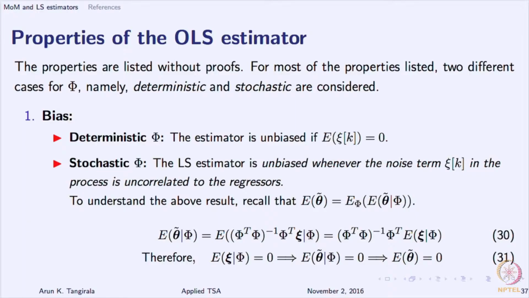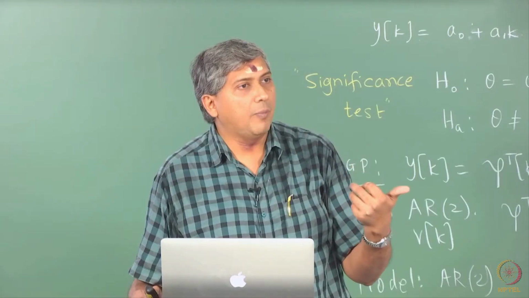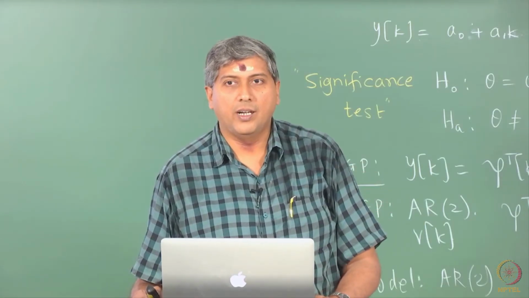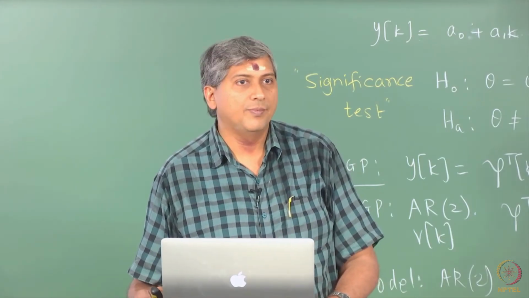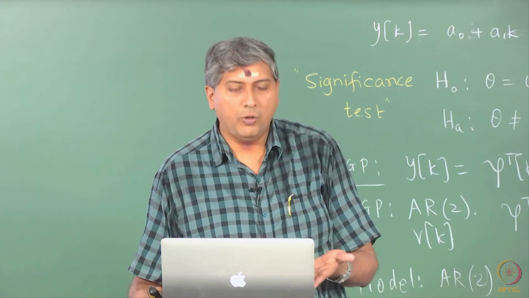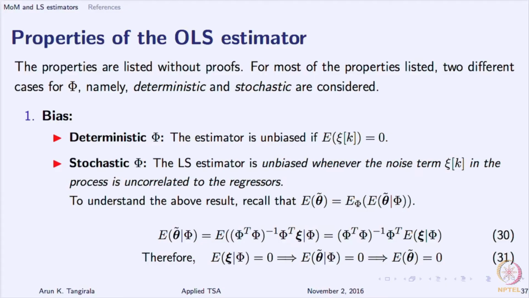So, here we have the first result, which is on the bias, and always there are two possibilities for the regressors. In the earlier example, that is the example that I demonstrated in R, what did our phi consist of? Just this morning when we went through an example, the timestamps, simply the timestamps, there is no uncertainty about them.